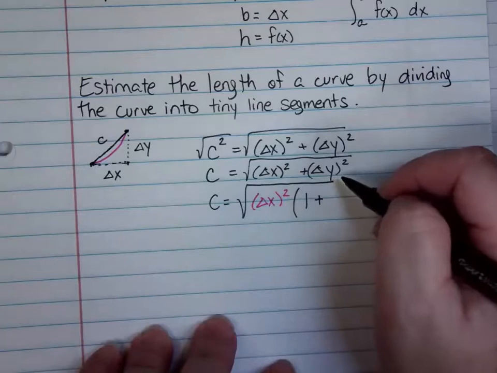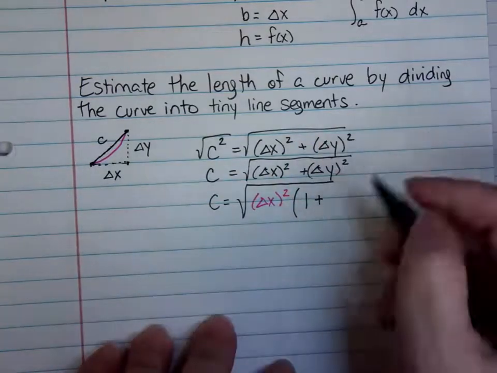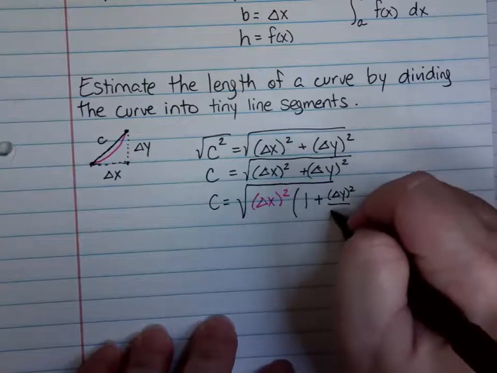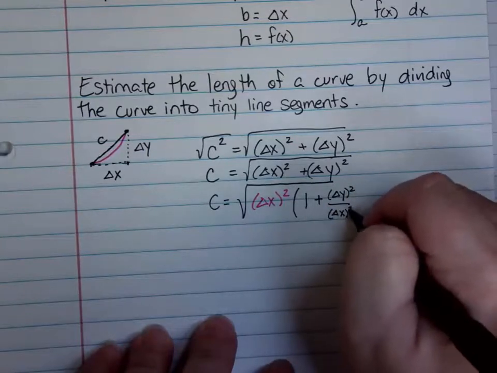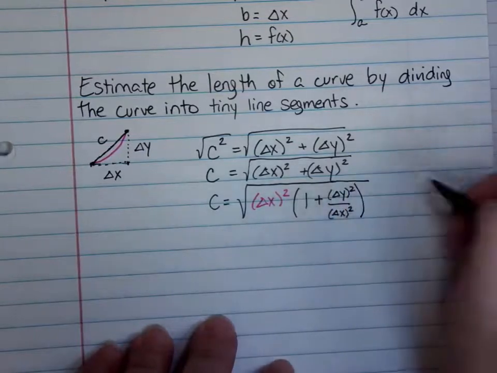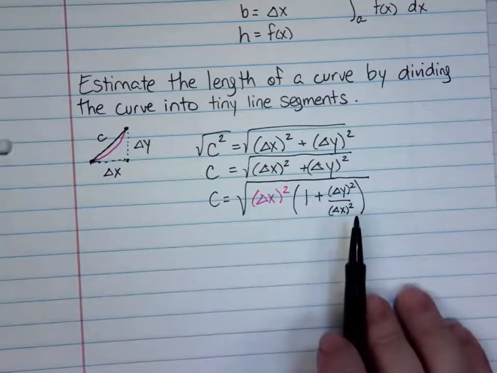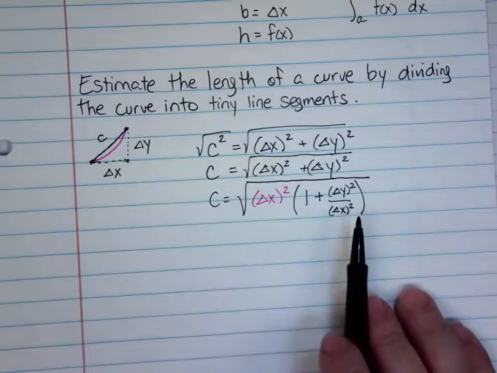Change in y squared over change in x squared. Exactly. It's going to be delta y squared over delta x squared. Extend your fraction bar. Because if you re-substitute the delta x squared in there, this delta x squared would cancel with it. Does that make sense? It's kind of some weird math, but it's helpful for what we're doing. Okay?